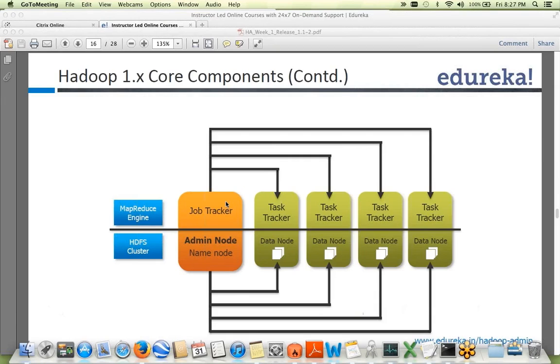Blade center consists of 10 to 14 blades. As far as I know, blades are machines which don't have a lot of data capacity, while bricks are the machines where you have data capacity. So you can use blades to maybe run name node or job tracker, but for the actual nodes you will have to use bricks.